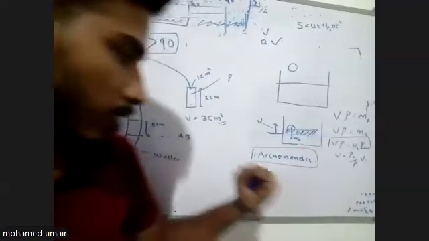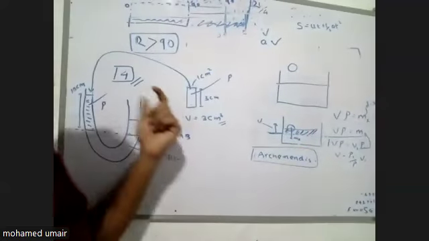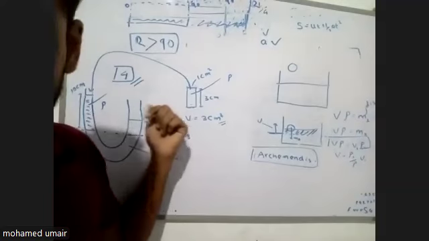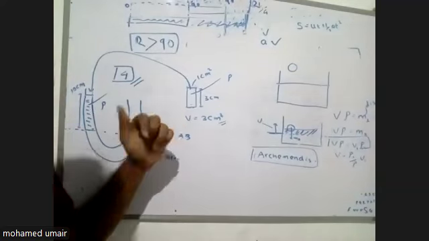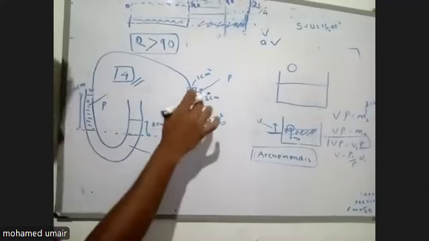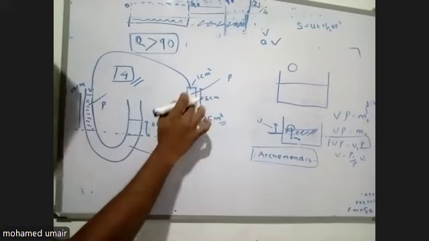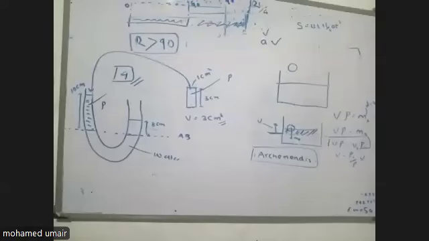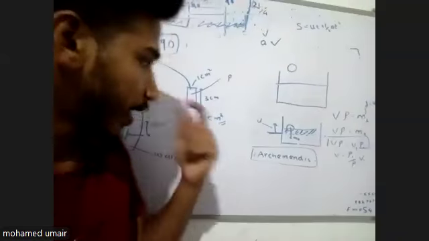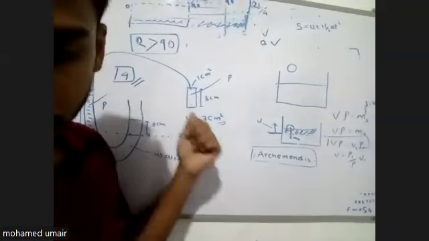Just remember this because they can somewhat modify this question. In here, they have told you the density of this rod and the density of the liquid is the same. But there are cases where you can get it different.